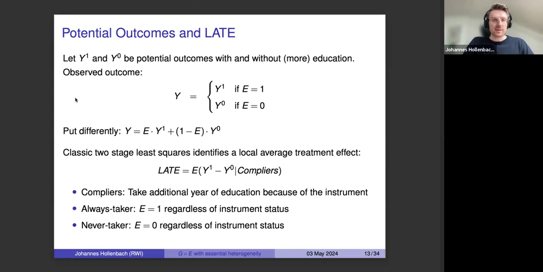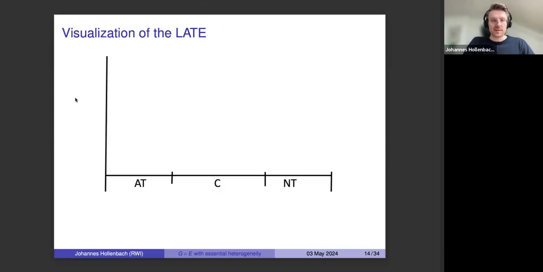Now you can visualize these three groups like this on a continuous X scale that is somehow a scale of the aversion to taking the treatment. On the very left, you have always takers with a very low aversion towards the treatment. You have on the right never takers with a high aversion to the treatment, and somewhere in between you have compliers.